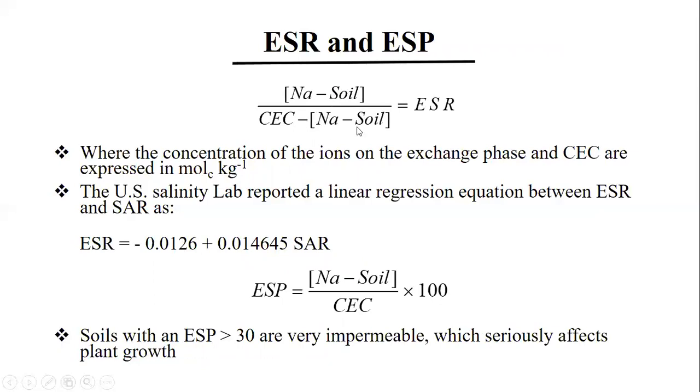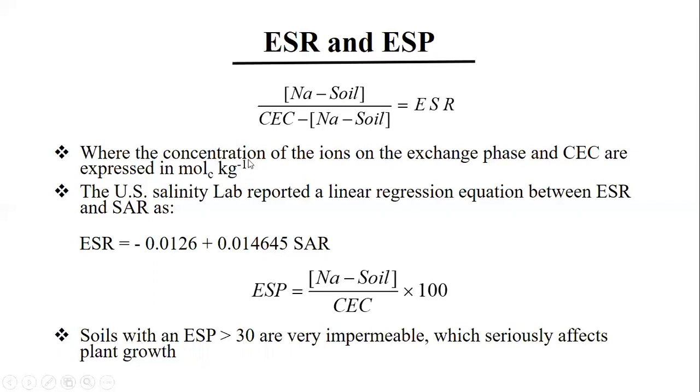That's why we subtract exchangeable sodium from CEC. So that gives us the remainder of all the exchangeable cations. That's why we call it exchangeable sodium ratio, the ratio of sodium to the rest of the other cations, where the concentrations of the ions on the exchange phases and CEC are expressed in mole charge per kilogram.